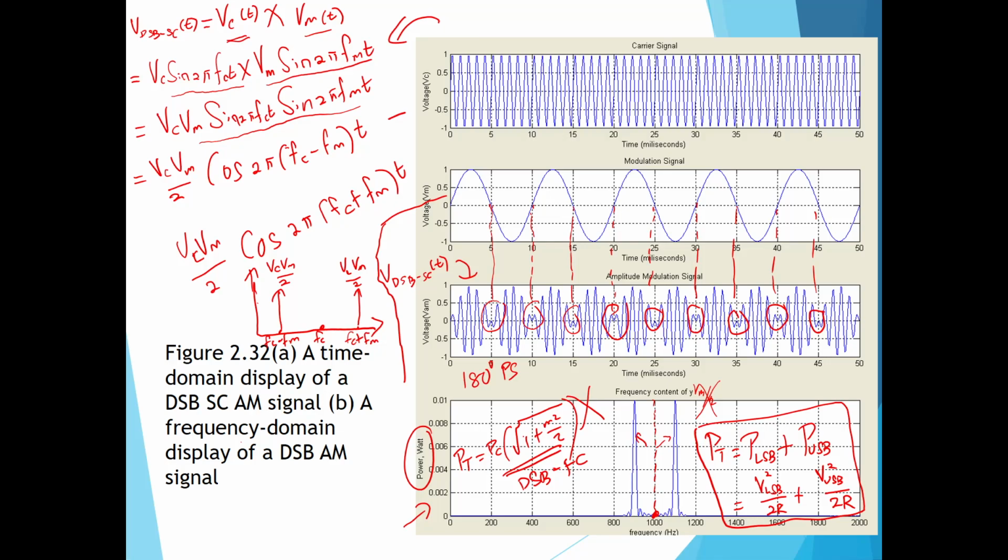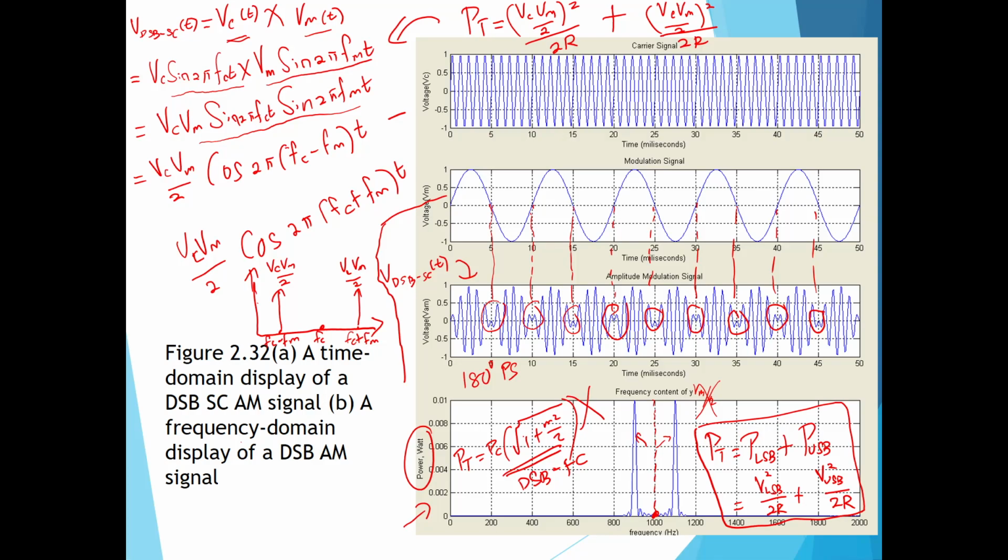Okay, and when I want to calculate the total power from this example, P total is equal to (Vc Vm over 2) squared divided by 2r, so the amplitude squared divided by 2r, plus (Vc Vm over 2) squared divided by 2r.